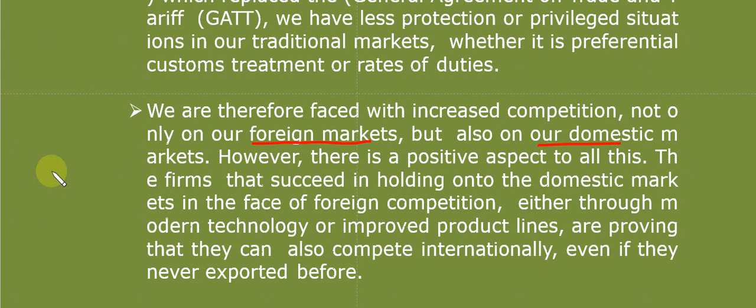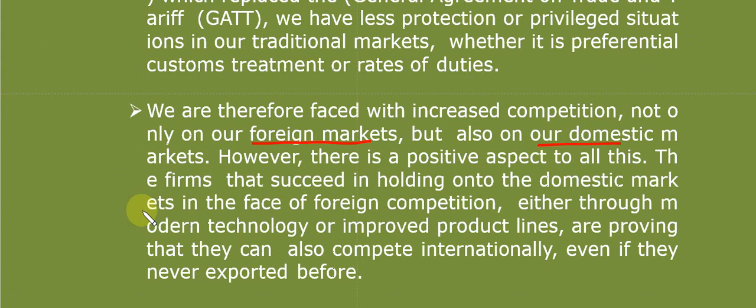Without additional tariff, meaning that they can share with a competitive price without any additional cost increased. Then they have the competitive price against indigenous company, domestic company.